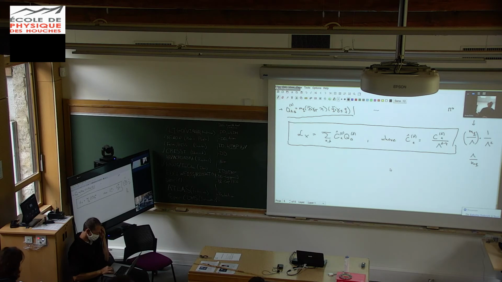I never said what these coefficients are. So these are called the Wilson coefficients. In some sense, just a convention. You can just calculate them in the way that we did before. If you have a given model, you can just calculate what they are. And these Q's are the local operators.